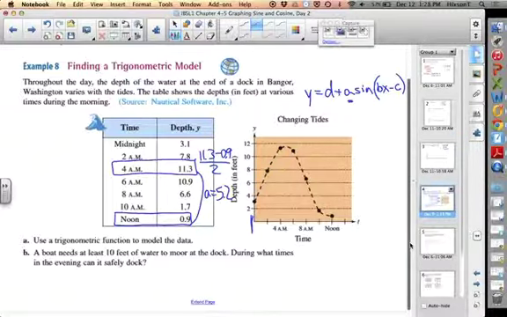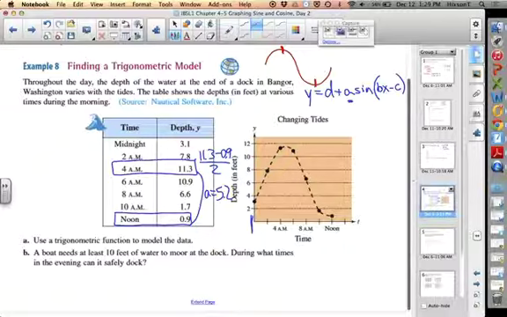From the max to the min, if you look at your sine curve, it goes like this. You guys know this. From the max to the min, how much of the period is that? Half the period. So if I look at my times from 4 a.m. to noon, that's 8 hours, right? So what's the period? 16 hours.